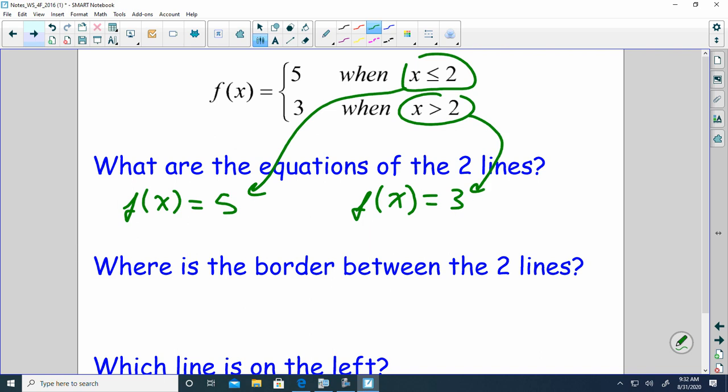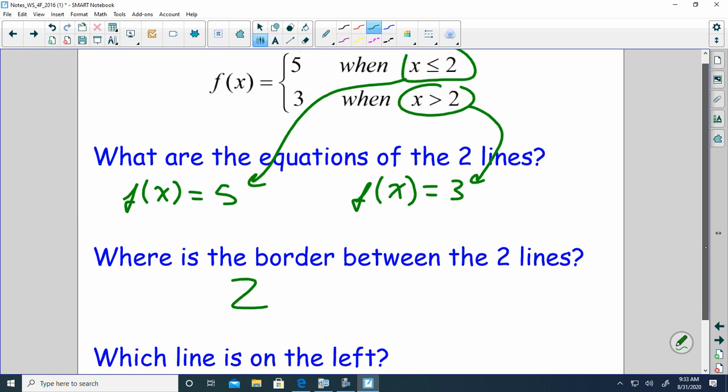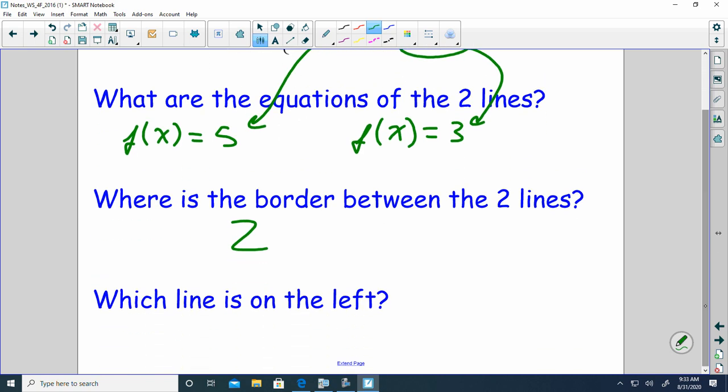Okay, so they're not going to overlap. Where is the border between the two lines? The border happens to be just at 2. Okay? And then which line is on the left? If I had 5, or y equals 5, or f of x equals 5, so that would be on the left side of our graph.